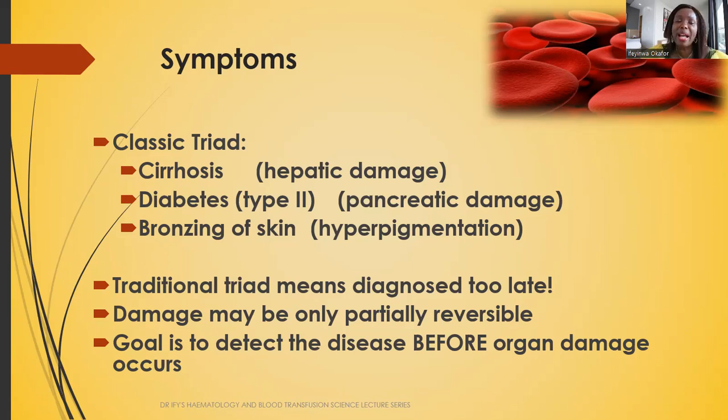The triad is: one, liver cirrhosis, that is hepatic damage; diabetes type 2, that is pancreatic damage; and bronzing of the skin, that is hyperpigmentation.